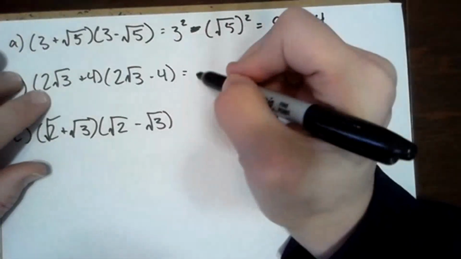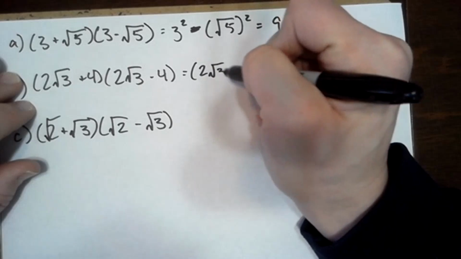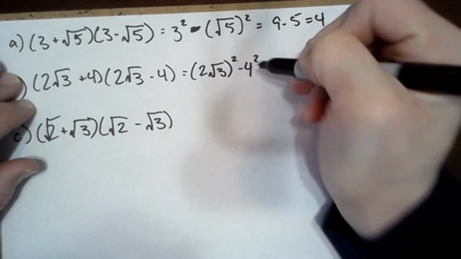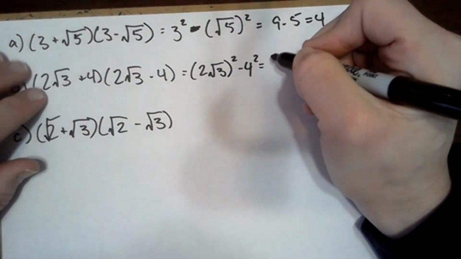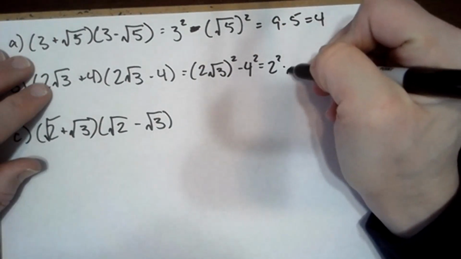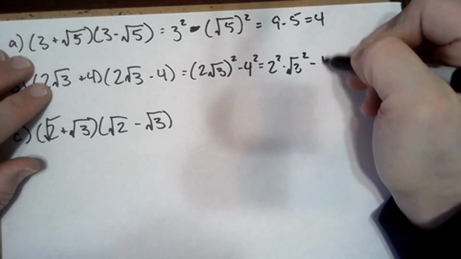Here we have 2 root 3 plus 4 times 2 root 3 minus 4, so that's 2 times the square root of 3 squared minus 4 squared, which is going to be 2 squared times the square root of 3 squared minus 16.